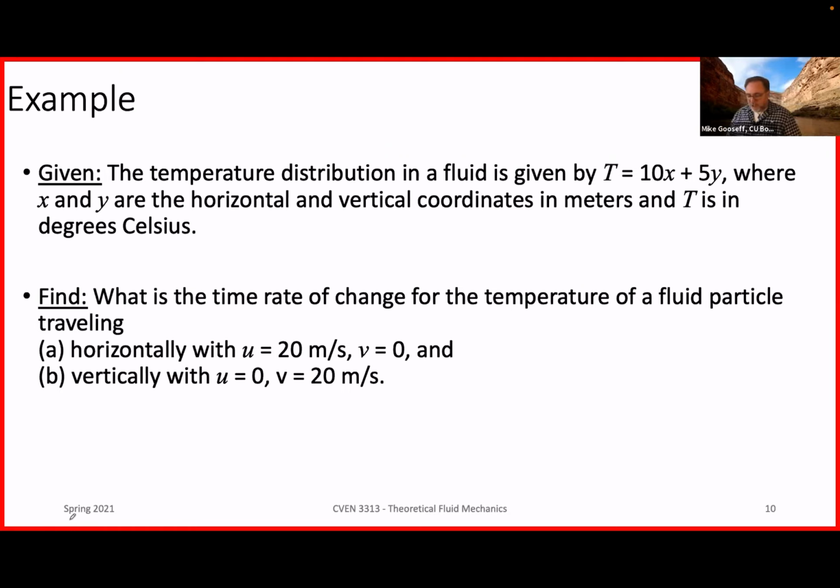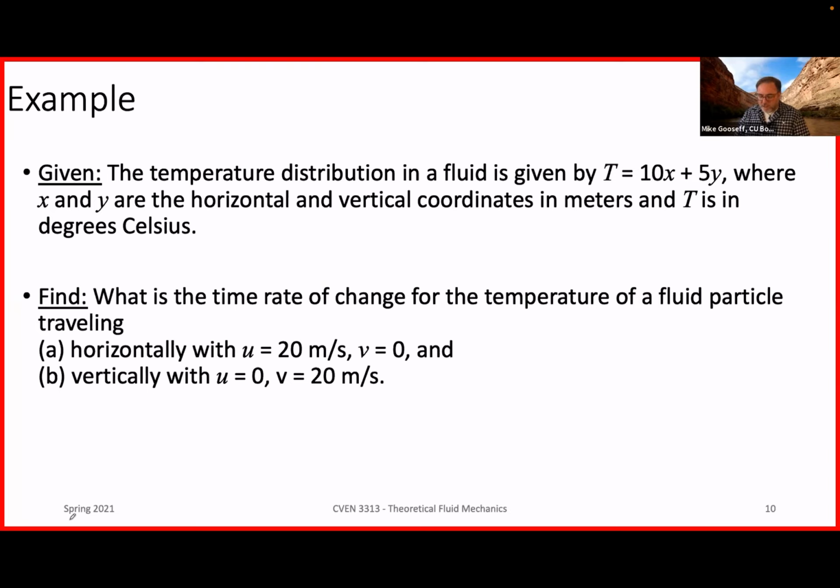The temperature distribution in a fluid is given by T equals 10x plus 5y, where x and y are horizontal and vertical coordinates. So sometimes you get y as vertical, right? It just means we're working in 2 dimensions anyway, in meters, and T is in degrees Celsius.